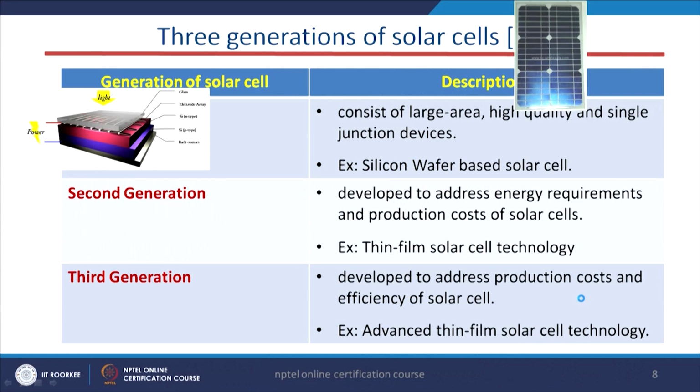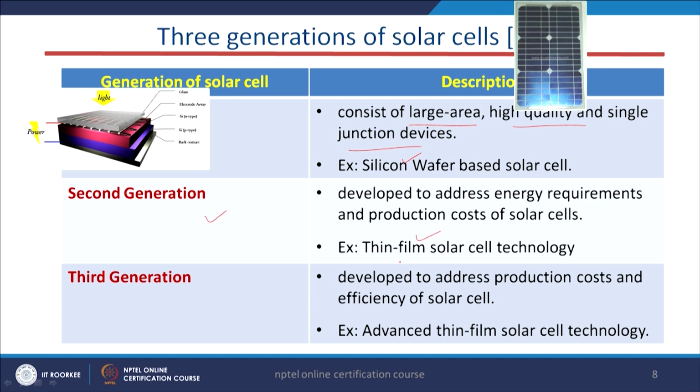I will just discuss the 3 generations of solar cell. The first generation consists of large area, high frequency and single junction devices. An example is the silicon wafer based solar cell. The second generation is basically thin film solar cell technology.